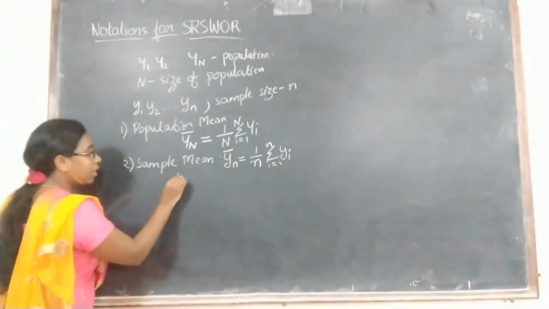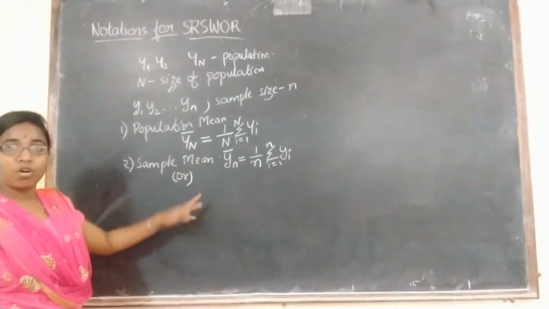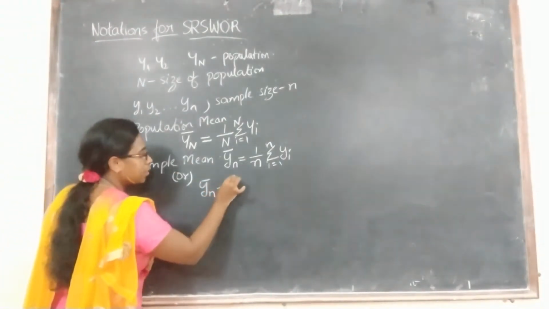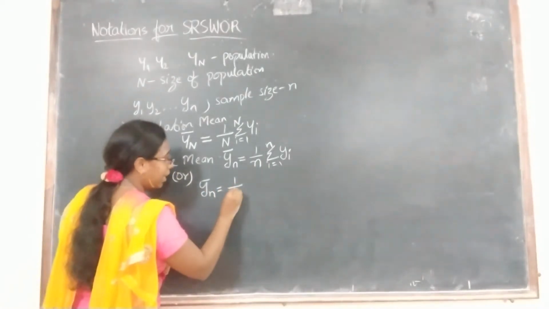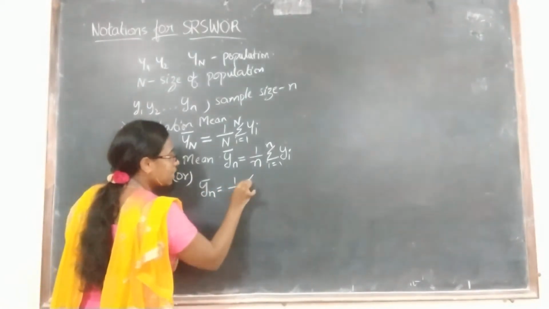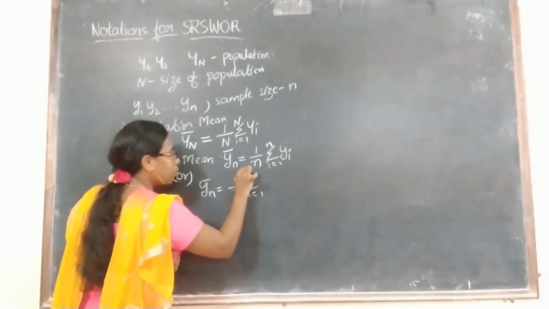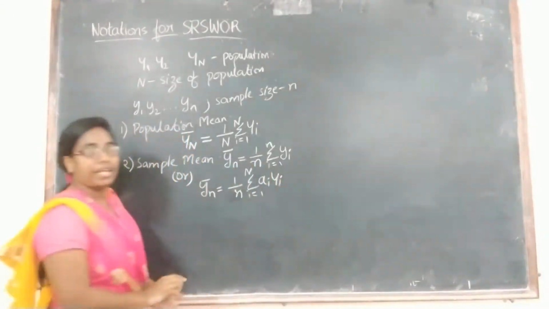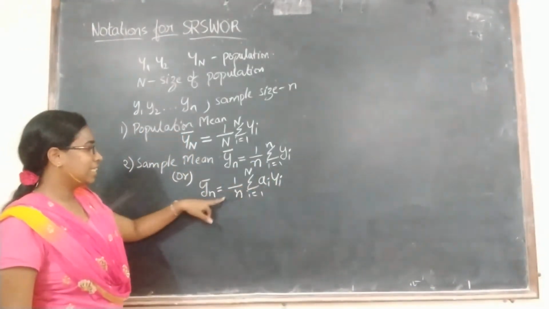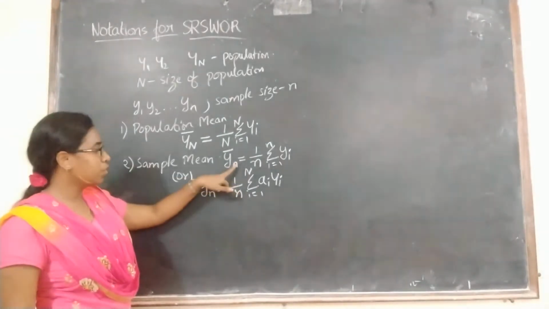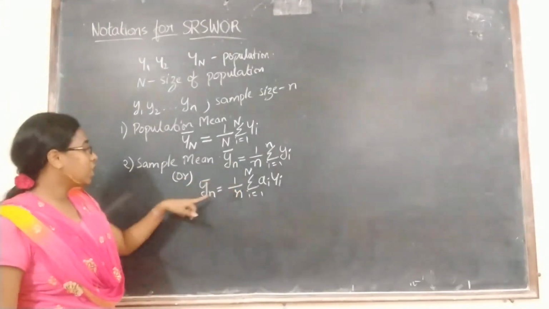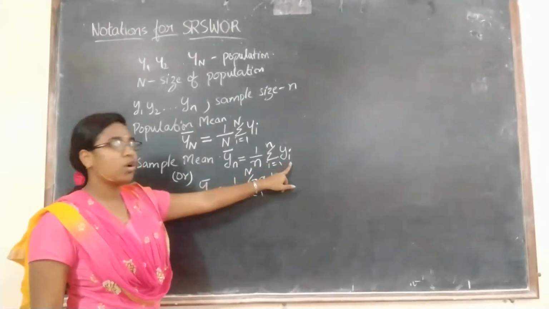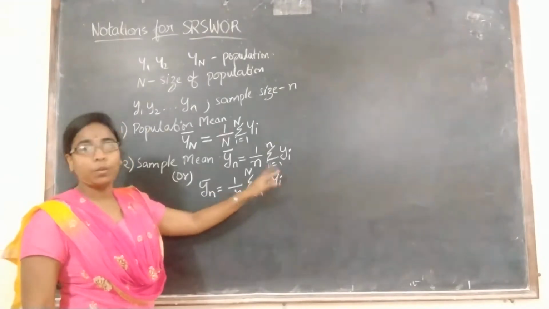You can also write the sample mean in terms of population values, using the formula yn bar equals 1 by small n summation i equals 1 to capital N ai into capital Yi. Here the formula changes. You will use the summation i equals 1 to capital N because you are converting the sample values into population values, and in place of small yi you will write ai into capital Yi.